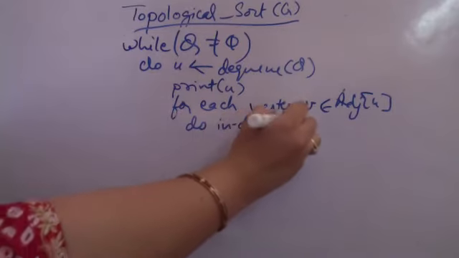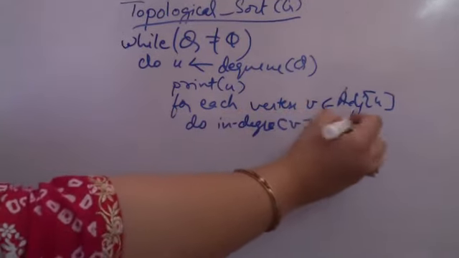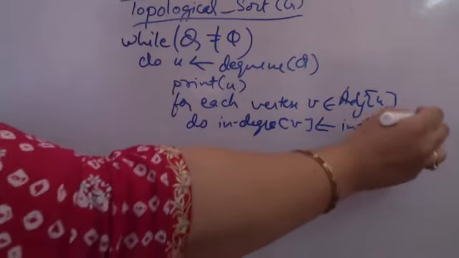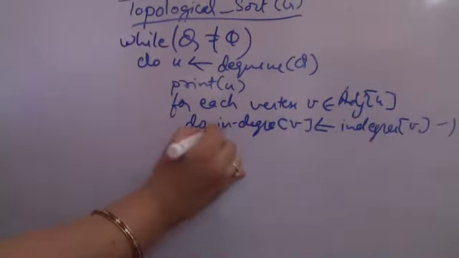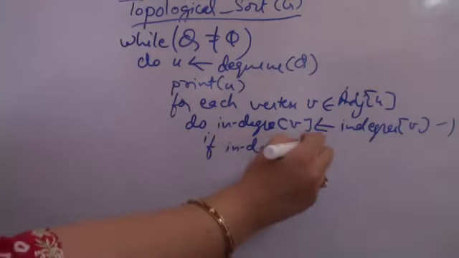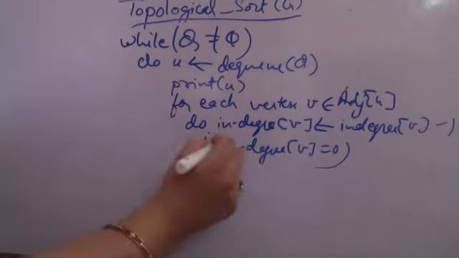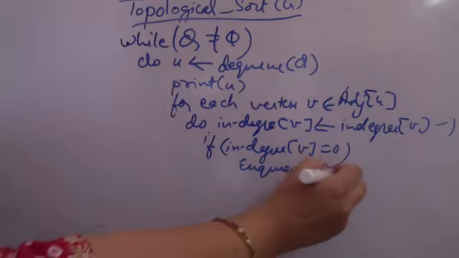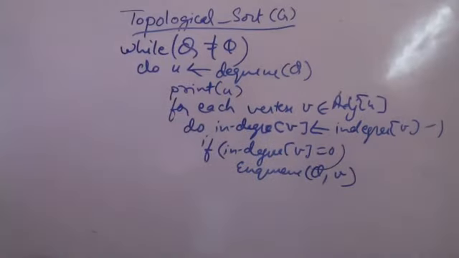In degree of node V is reduced by 1, so this is in degree of V minus 1. Now I am checking if in degree of V is equal to 0, then put it in the queue. If the in degree is 0 for V, kindly put it in the queue.